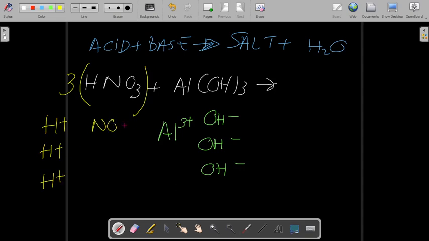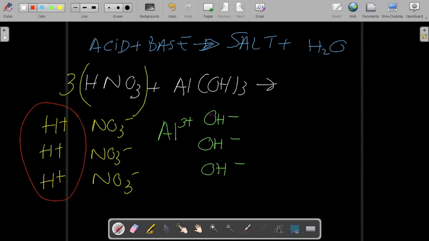But you also are creating 3 of these polyatomic ions. Now, the hydrogens and the hydroxyls are going to be getting together. Each pairs to create 3 waters.